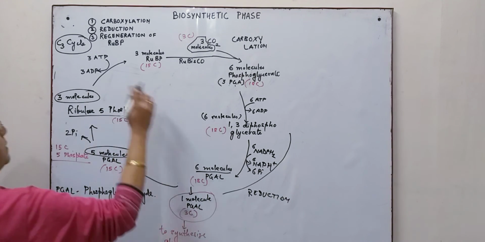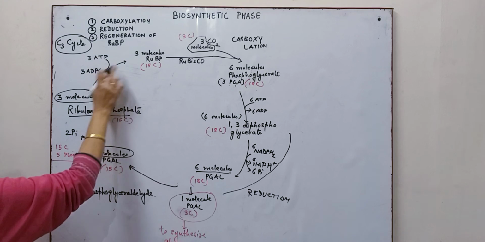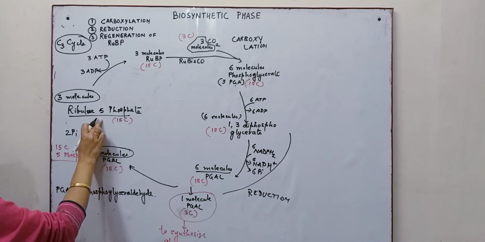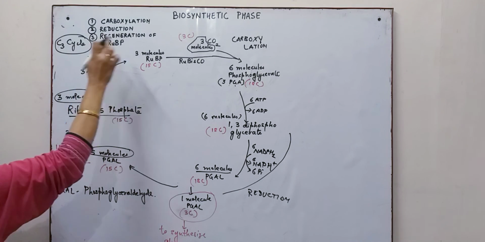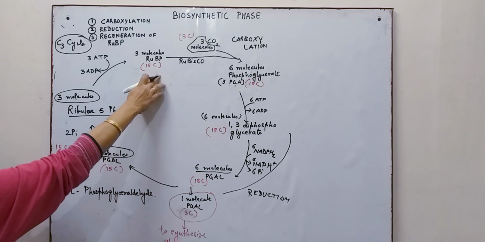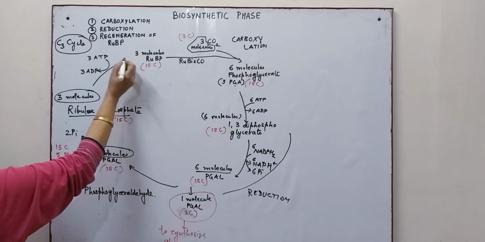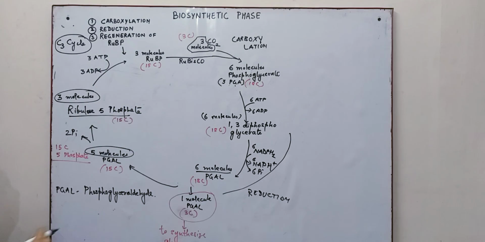And the third step is the formation of RuBP. Because it is monophosphate, we require 3 molecules of phosphate to form ribulose bisphosphate. So this is the regeneration of RuBP. This is the Calvin cycle, which helps us to understand the formation.